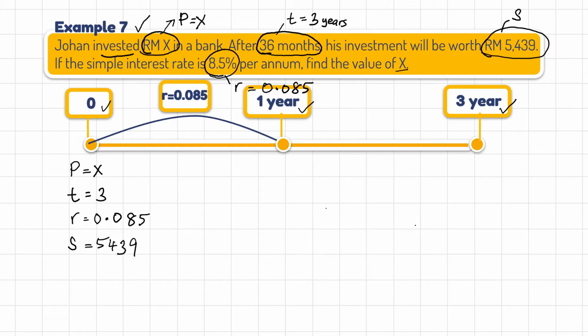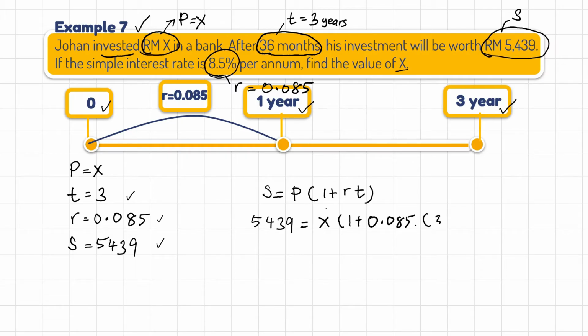Since you are given R, S, and T, we need to find P. So the suitable formula that we are going to use is S equals to P(1 plus RT). Just put all the values inside the formula. P is X, 1 plus R is 0.085. Our T is 3.